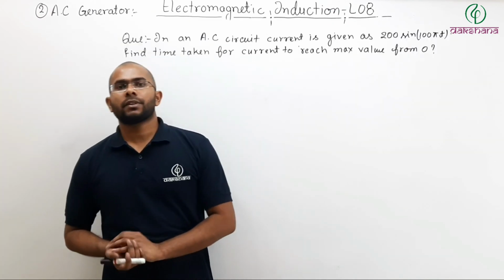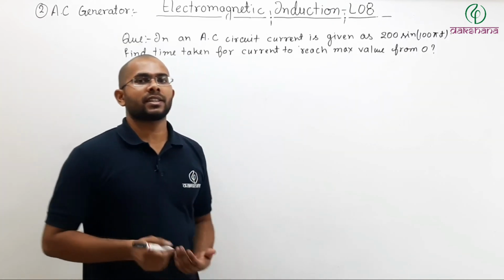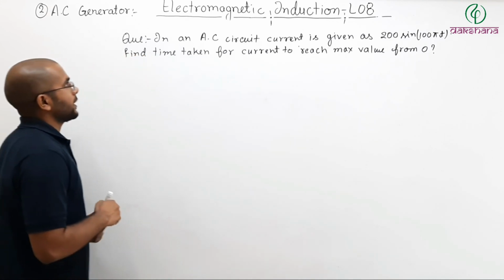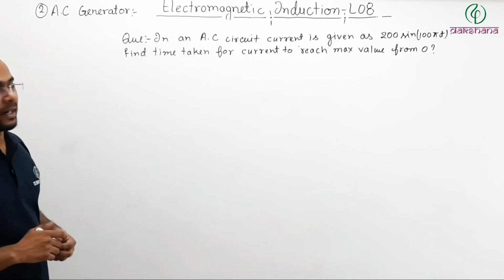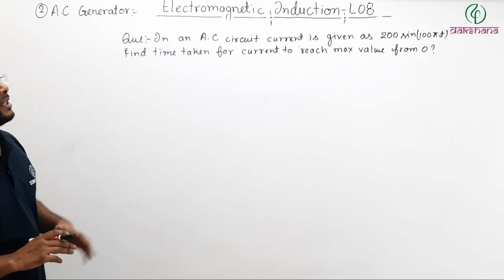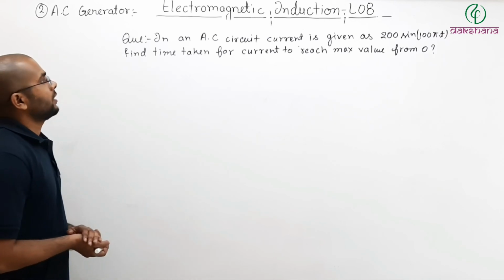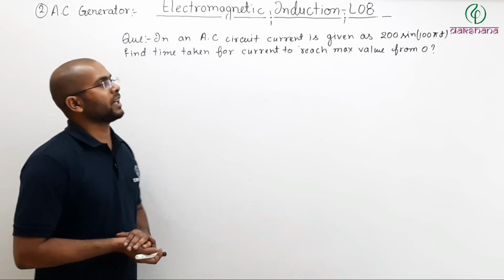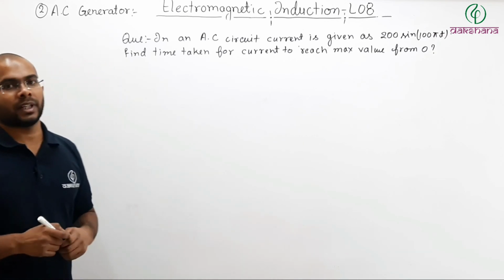Let us try to solve one very easy question based on your AC generator or AC current. What is the question? In an AC circuit, current is given as 200 sine 100 pi t. Find the time taken for current to reach maximum value from zero current.